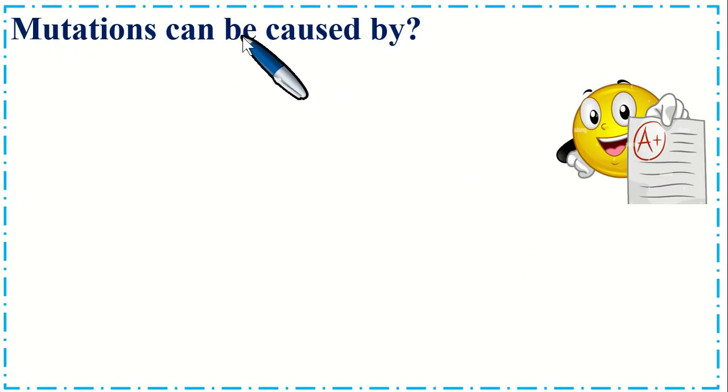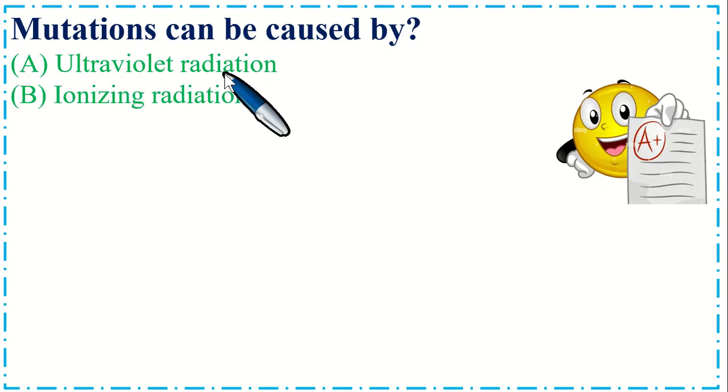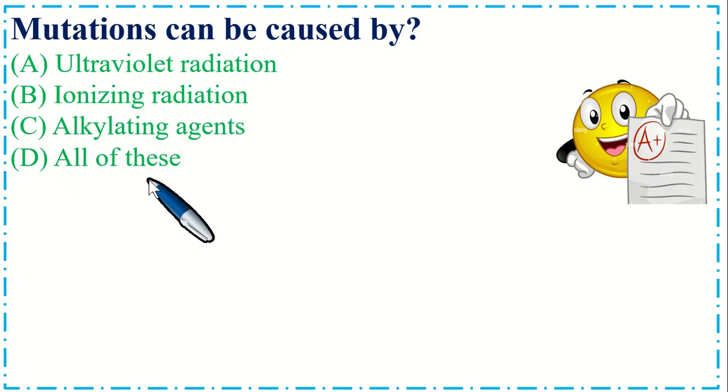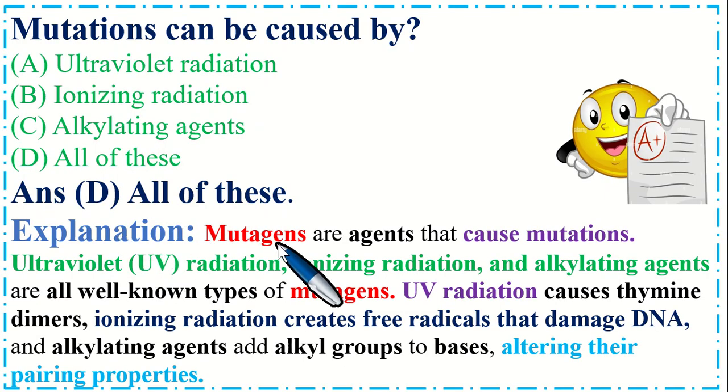Mutations can be caused by option A, ultraviolet radiation, B, ionizing radiation, C, alkylating agents, and option D, all of these. So the correct option is D, all of these. Mutagens are agents that cause mutation.